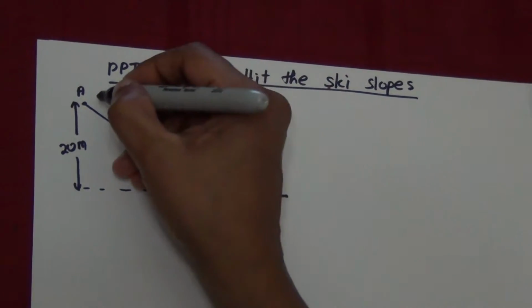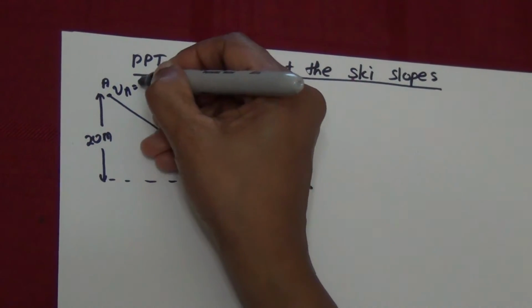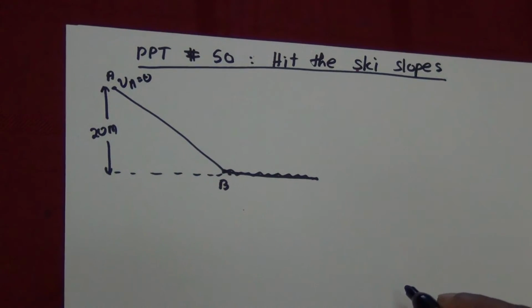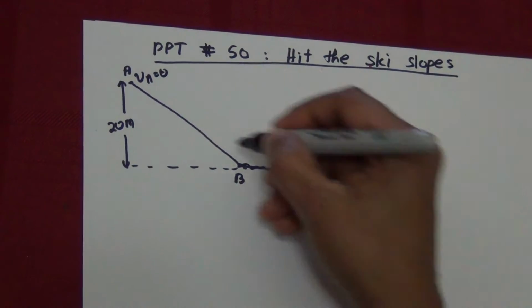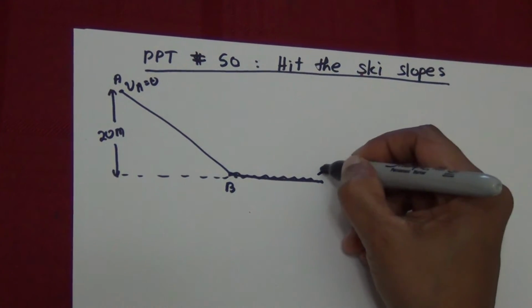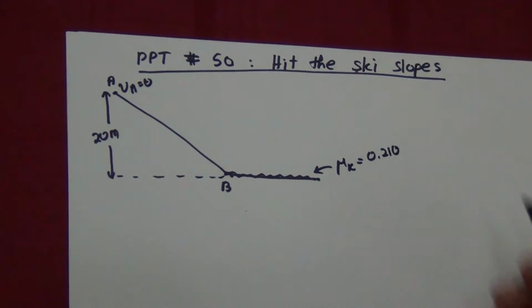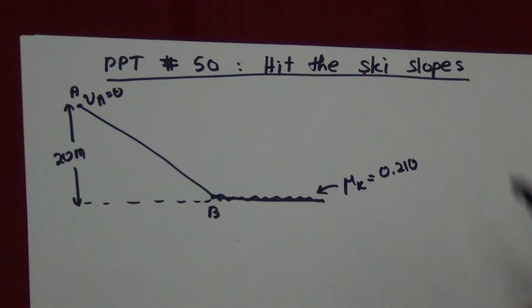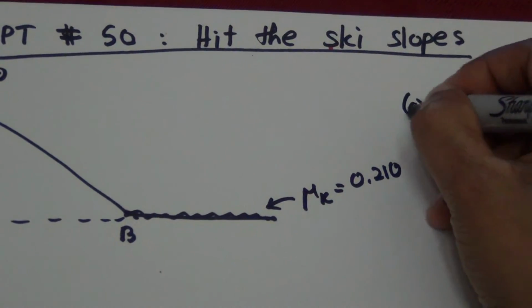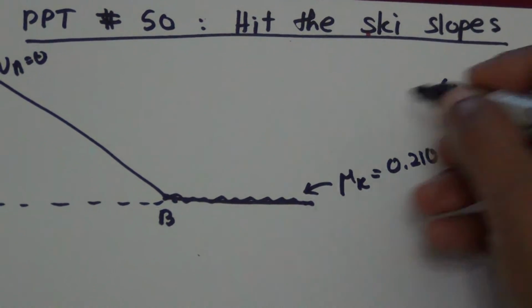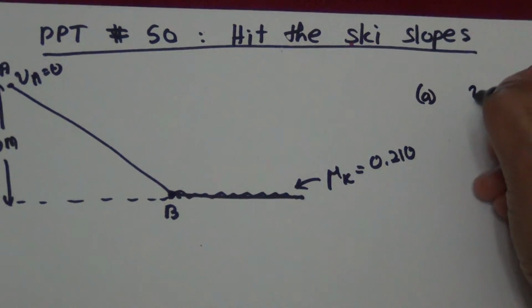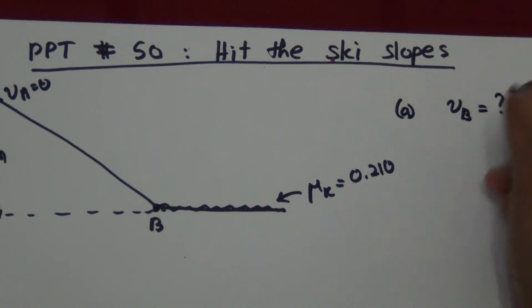He starts from rest, so VA is 0, the mass is not given, and here no friction, here the mu k is 0.210. So the part A is find the skier's speed at the bottom. So they asked what is VB, right?